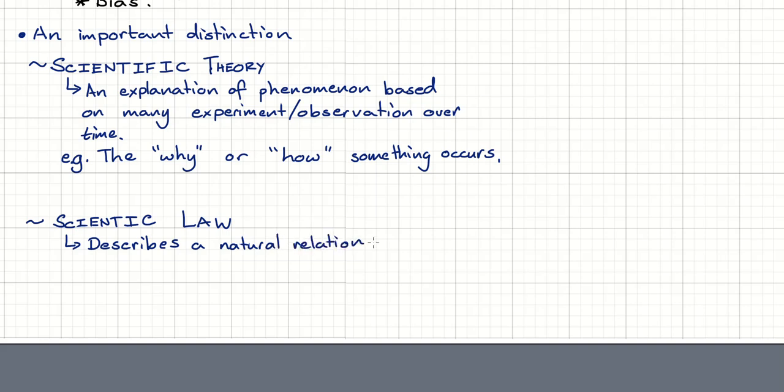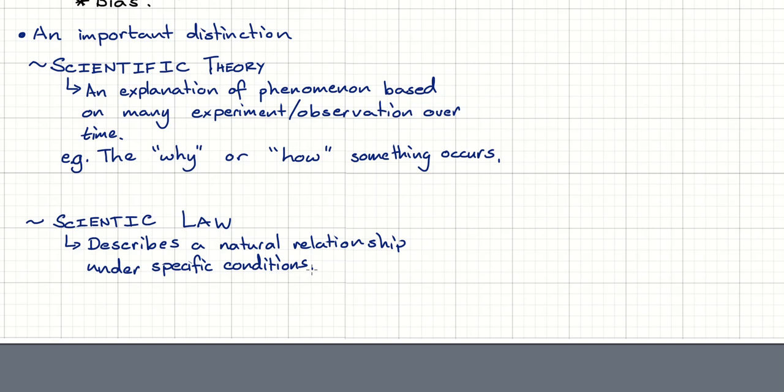A scientific law describes a natural relationship under specific conditions. So, subtle difference, but an important one. The theory tells me the why or the how something happens. The law just says the what happens.